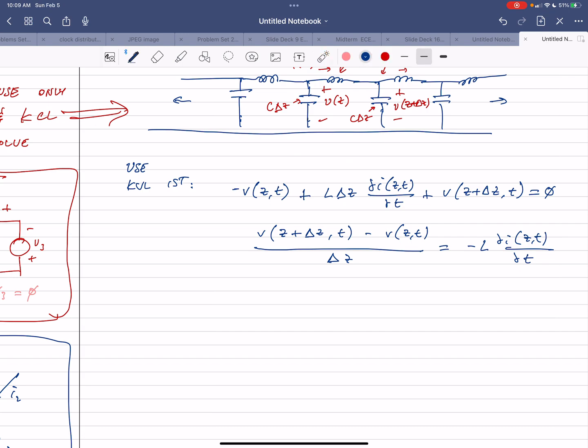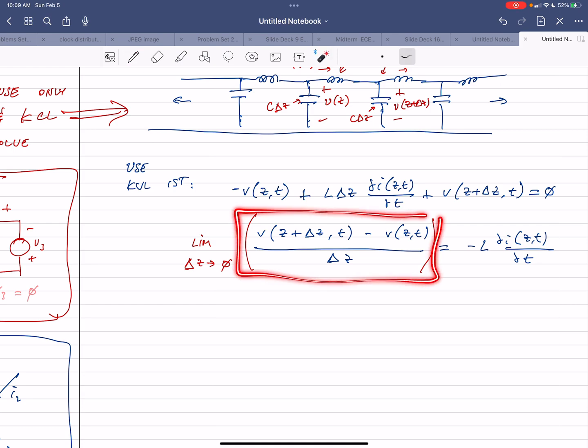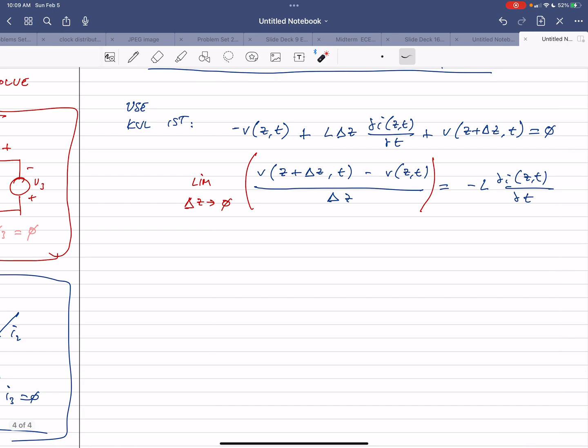Now, if I take the limit of this whole thing as delta Z goes to 0, as this delta Z gets very, very small, this is going to look like a differential term, because I have the two points over the separation between the two points.